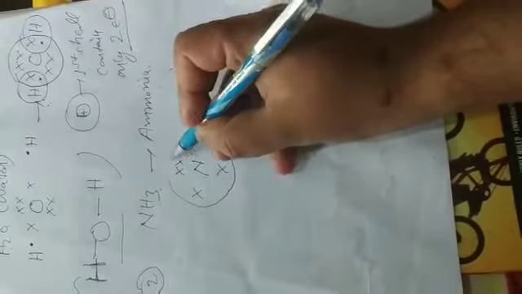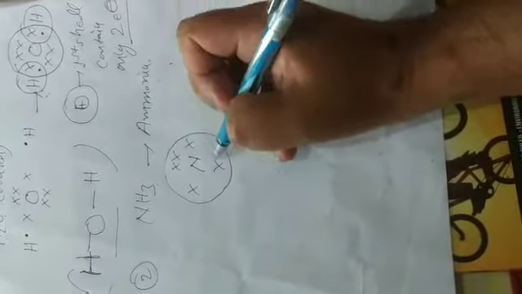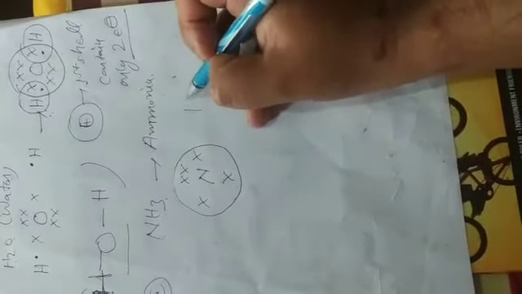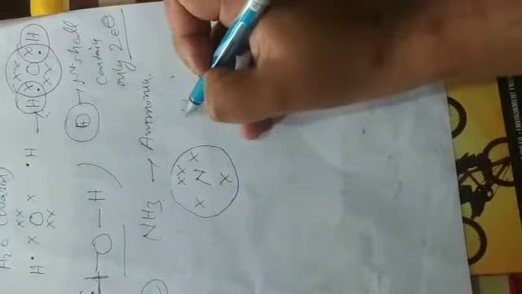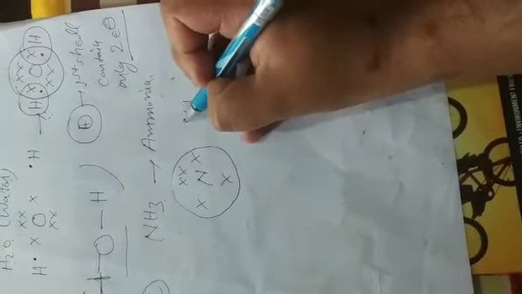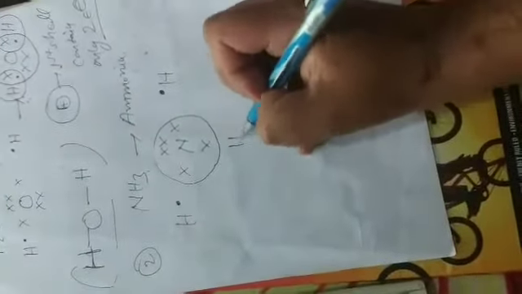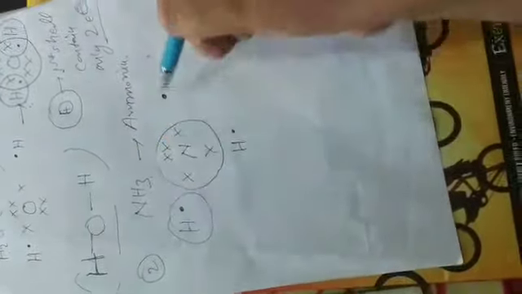This is the nitrogen atom, 1, 2, 3, 4, 5 electrons in its outermost shell. And this is hydrogen, which has only 1 electron, and there are 3 atoms of hydrogen in ammonia.